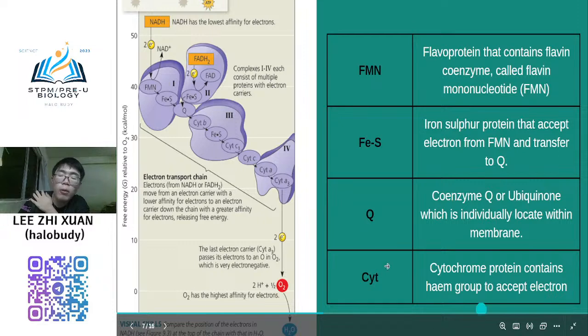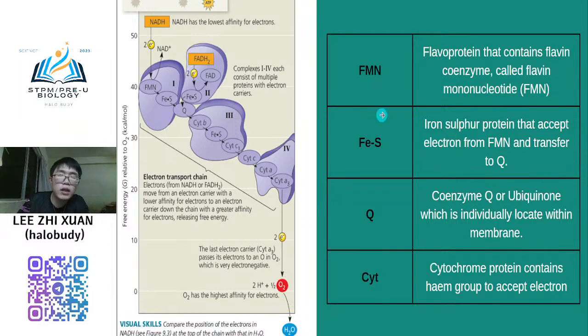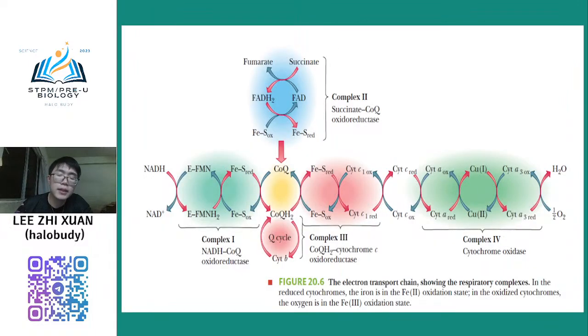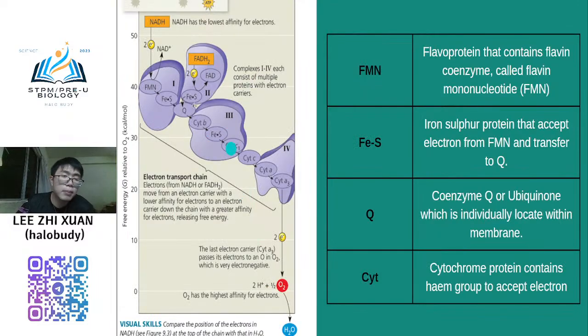So all these components play a major role in redox reaction, the oxidation-reduction reaction. Now, this is the overall process, just to show how the electron goes. NADH has the lowest affinity for electron, so it will release two electrons to FMN and undergo oxidation to form NAD+.